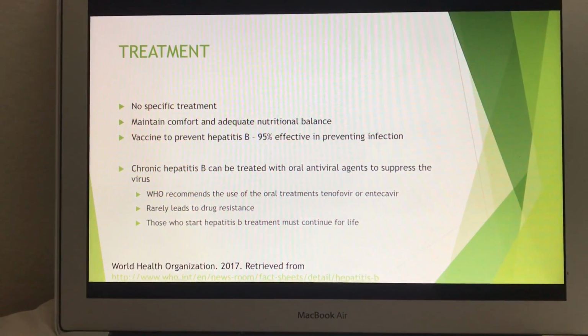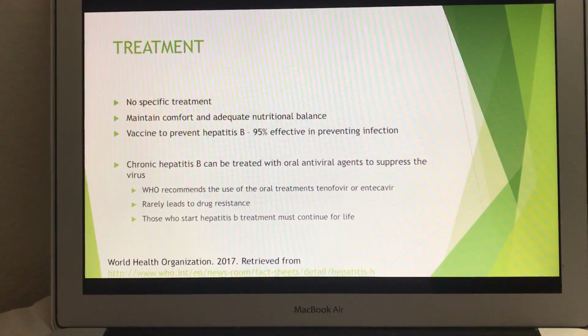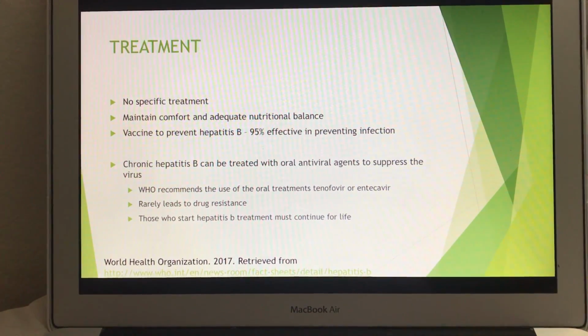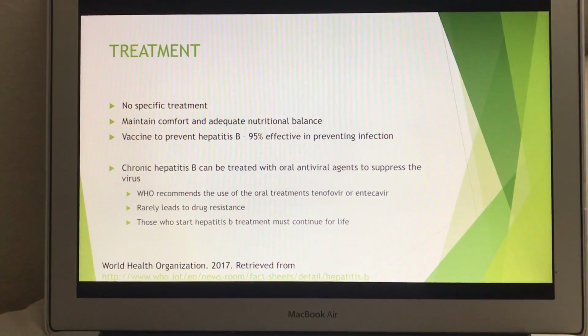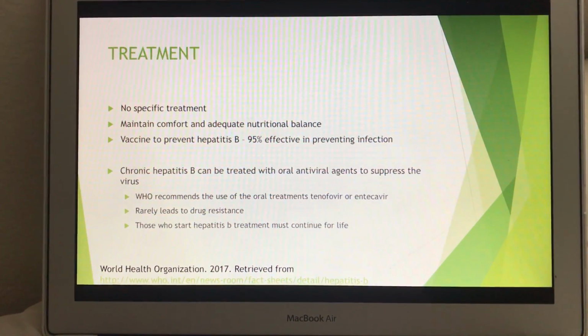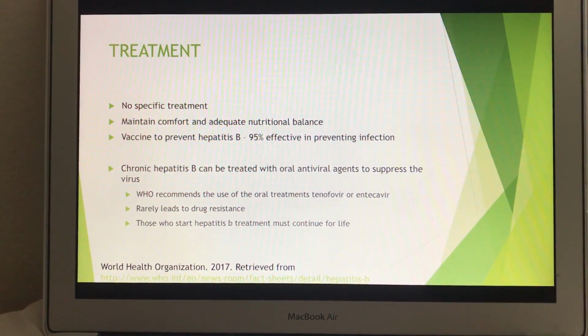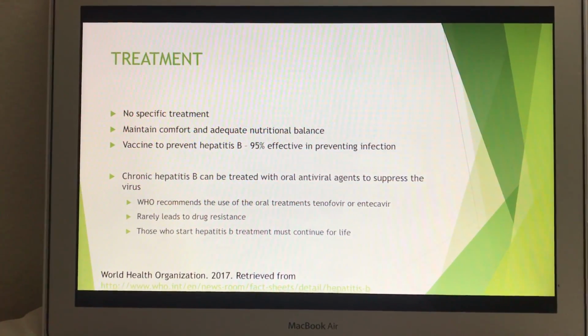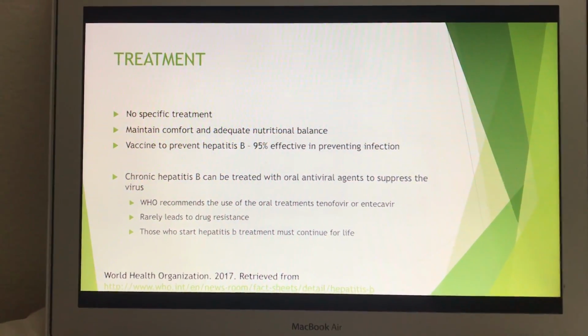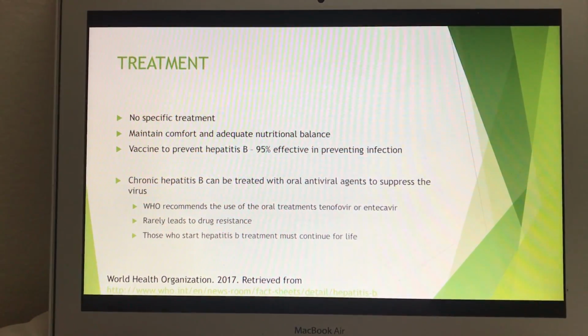And as far as treatment, there's no specific treatment for hepatitis B. The most you can really do is maintain the comfort and adequate nutritional balance. However, there is a vaccine to prevent hepatitis B. It's 95% effective in preventing infection.